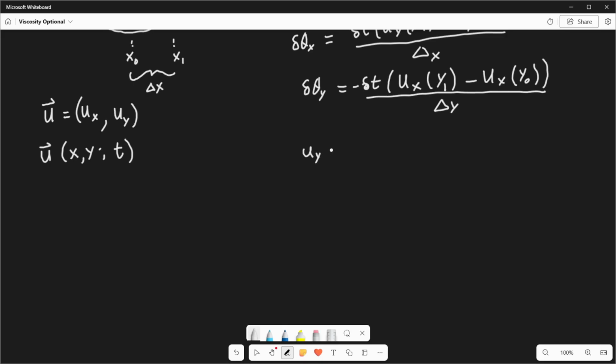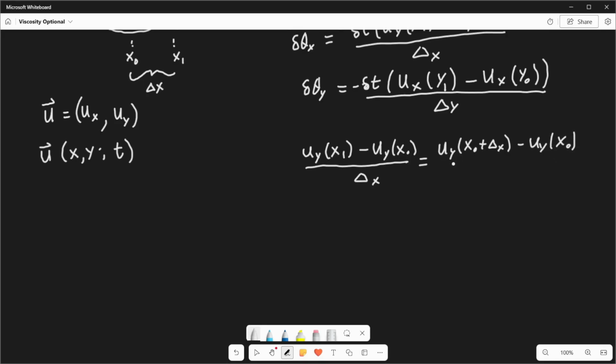So we have this uy at x1 minus uy at x0 divided by the delta x, and that actually equals uy at x naught plus delta x minus uy at x naught, divided by the delta x.